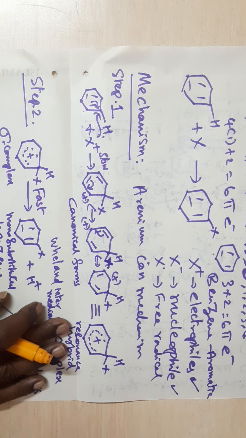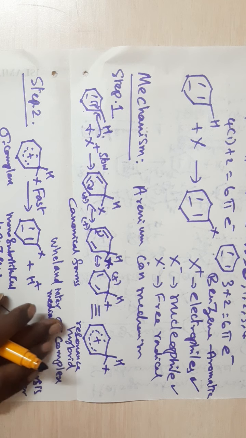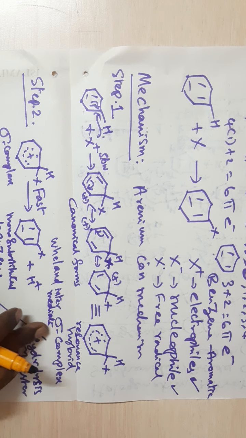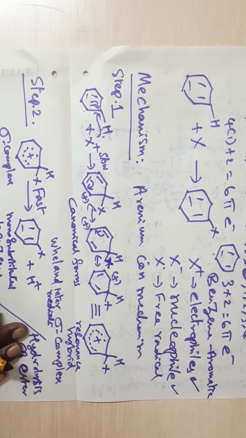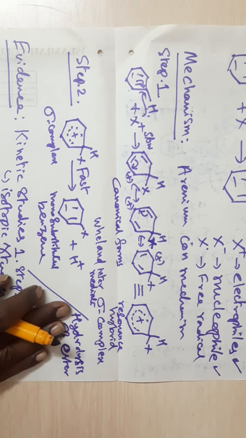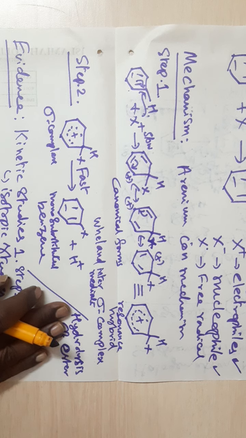If an electrophile substitutes the hydrogen in benzene, it is aromatic electrophilic substitution. I have explained the reason for aromatic compounds to undergo electrophilic substitution easily. The reason is that aromatic compounds are rich in pi electrons, and the electrophile X plus is looking for electron rich centers. So the mechanism, namely the arenium ion mechanism, takes place in two steps.